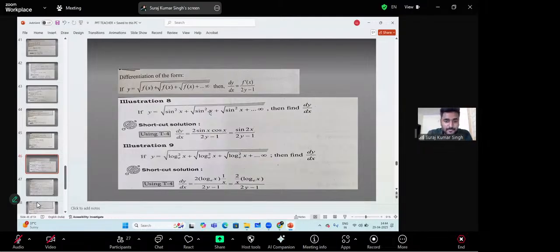Here I'll take y equals root over sine square x plus y, squaring both sides: y square equals sine square x plus y. Now we will differentiate: 2y into dy by dx equals the derivative of sine square, that is sine 2x, plus dy by dx. Now we send dy by dx to the left side, so dy by dx into 2y minus 1 equals sine 2x. So dy by dx equals sine 2x by 2y minus 1.